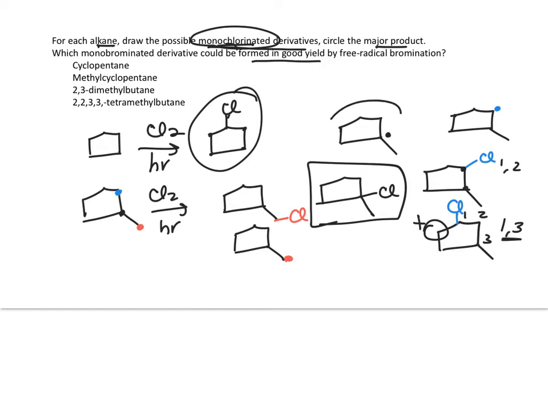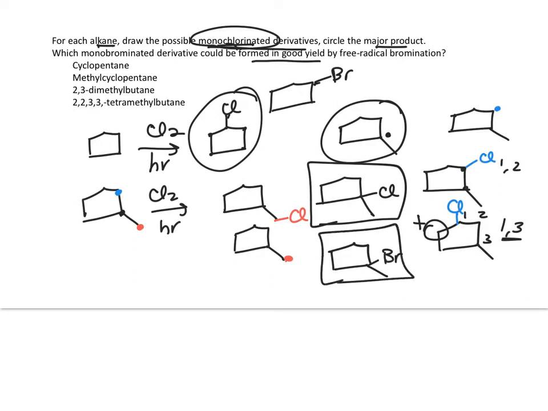Because this intermediate is the most stable, this would be your most stable product. Bromination would only give you one product, so let's go ahead and do bromination. Of course this would be the same here. Bromination, because it's more selective, would only give this product. You would not get anything else.